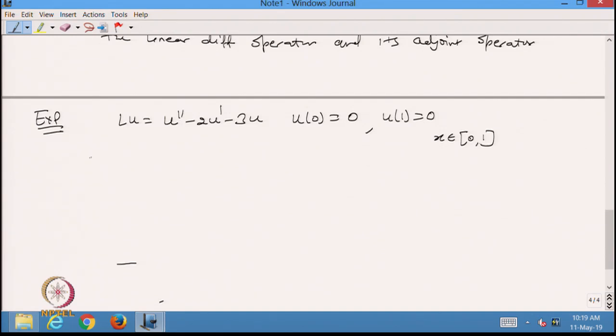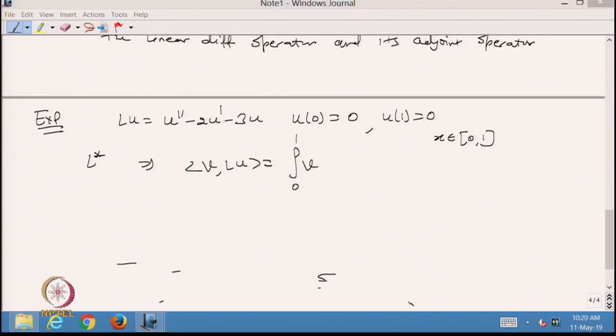Now, I want to define what my L star is. If I want to find the L star for this one, then I can write down the inner product of v and L u. This can be written as the integral from 0 to 1, where v is a continuous function which has the same characteristics as u.